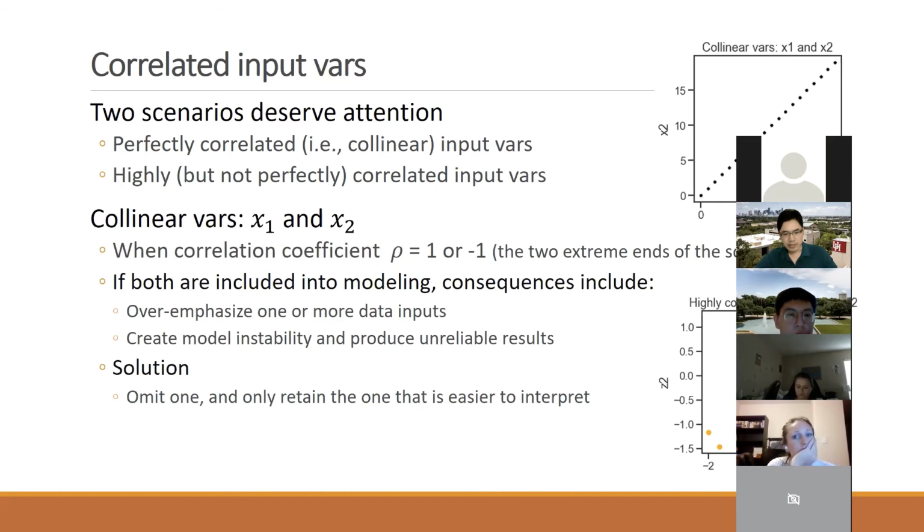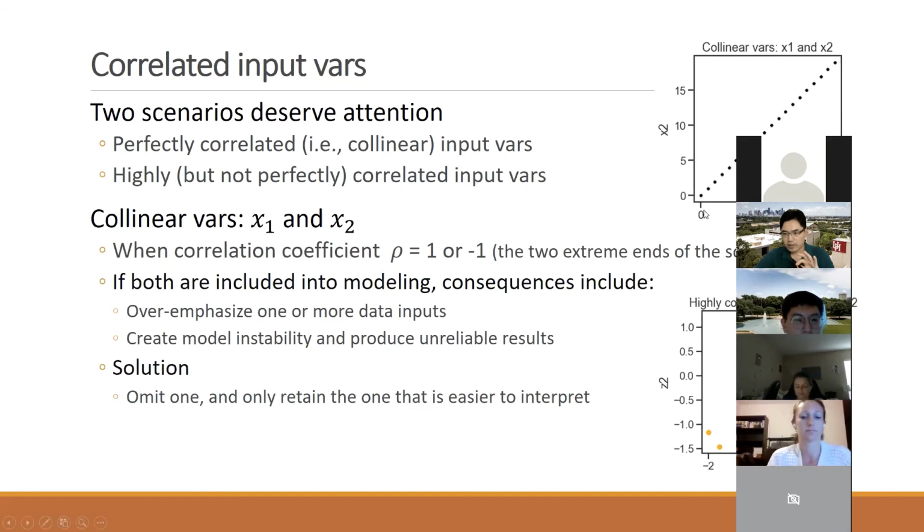So this creates sort of an illusion that these two variables become very, very important, but ultimately these two variables carry the same information. They kind of inflate this part of the data, but then undermine the other parts of the data. So either way, it's not good if it's perfectly collinear.